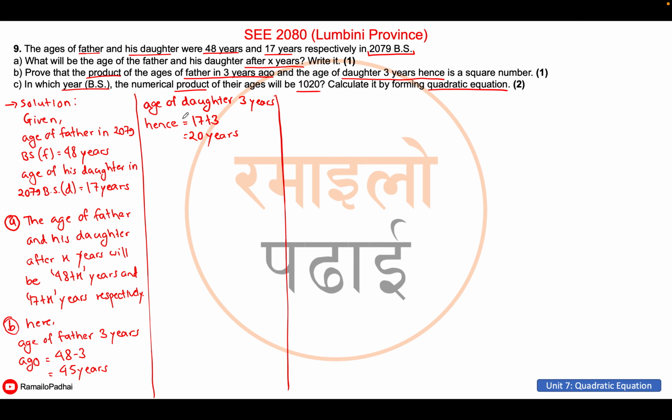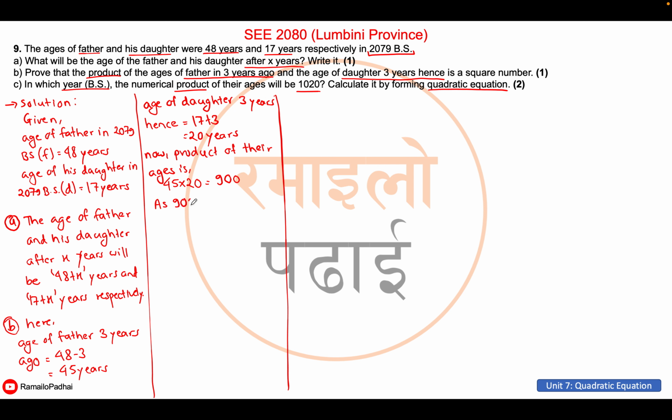Now we need to prove that the product of their ages is a square number. So now the product of their ages is 45 times 20 is equals to 900.